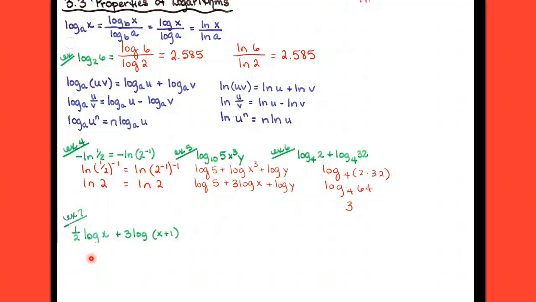Okay, so we've got log x, and we could raise it to a power. Where are we going to get the power from? The 1/2, right, the value that's out in front. So we're using this property kind of in reverse. If you've got a power out in front, then you can make it an exponent. All right, what else?